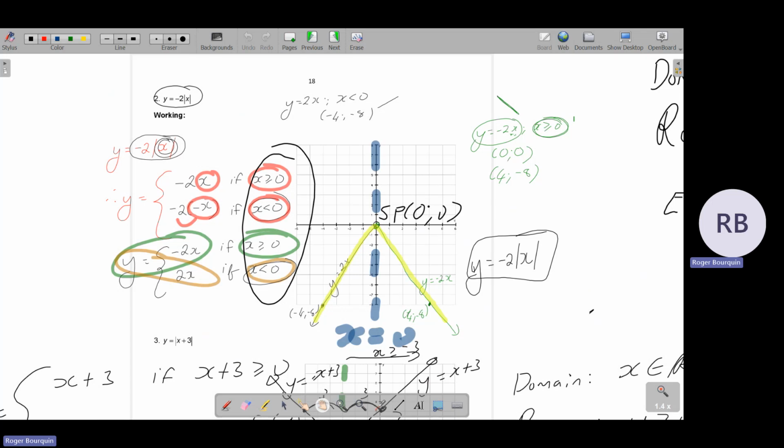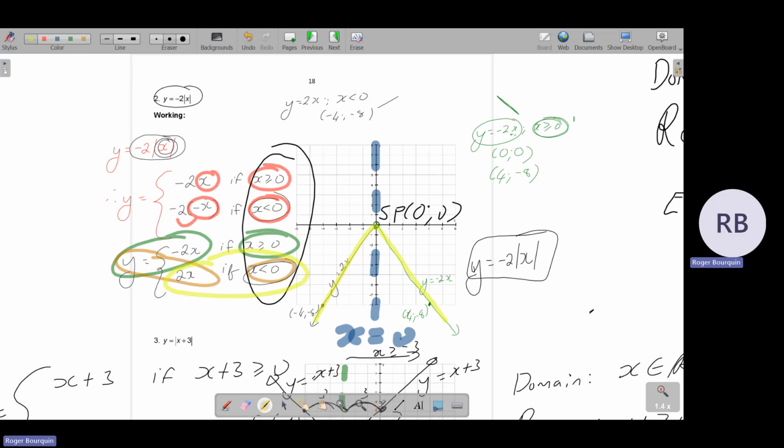If what's inside, which in this case is x, is bigger than or equal to 0, then it stays the same. If what's inside is less than 0, then it changes sign. So I end up with y is equal to negative 2x when x is bigger than or equal to 0, but I draw the graph y is equal to 2x, which goes left to right up, when x is less than 0.